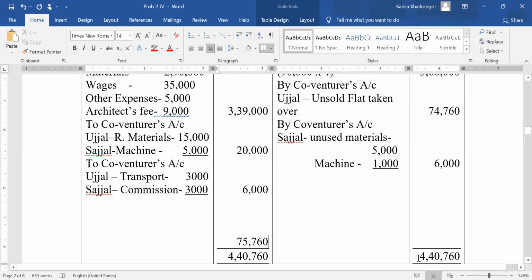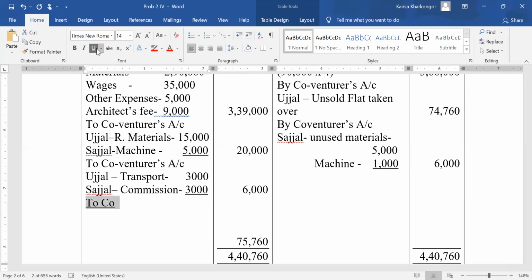So from 4,40,760, we will minus 3,39,000, 20,000 and 6,000, which will give us a difference of 75,760. This is the profit of the joint venture, which will be transferred to the co-venturers account in their profit sharing ratio.